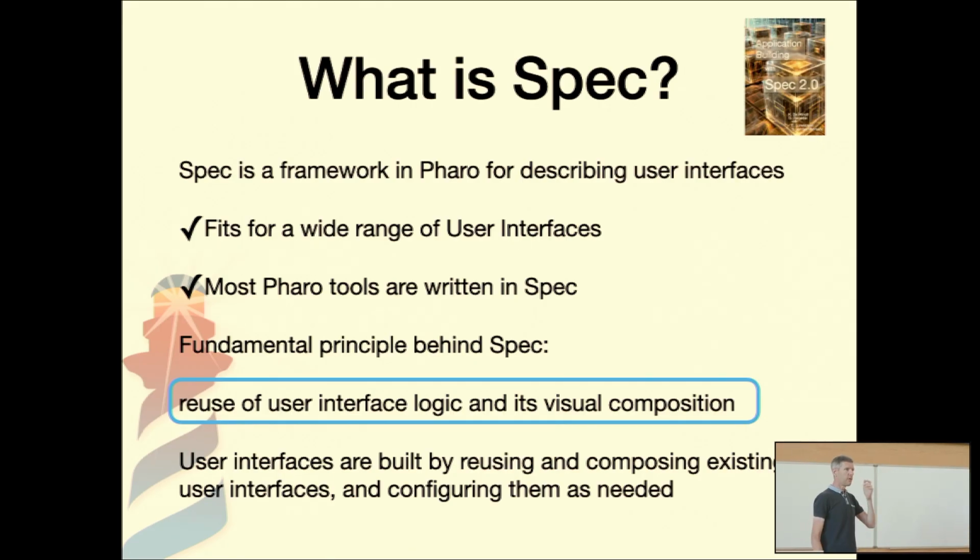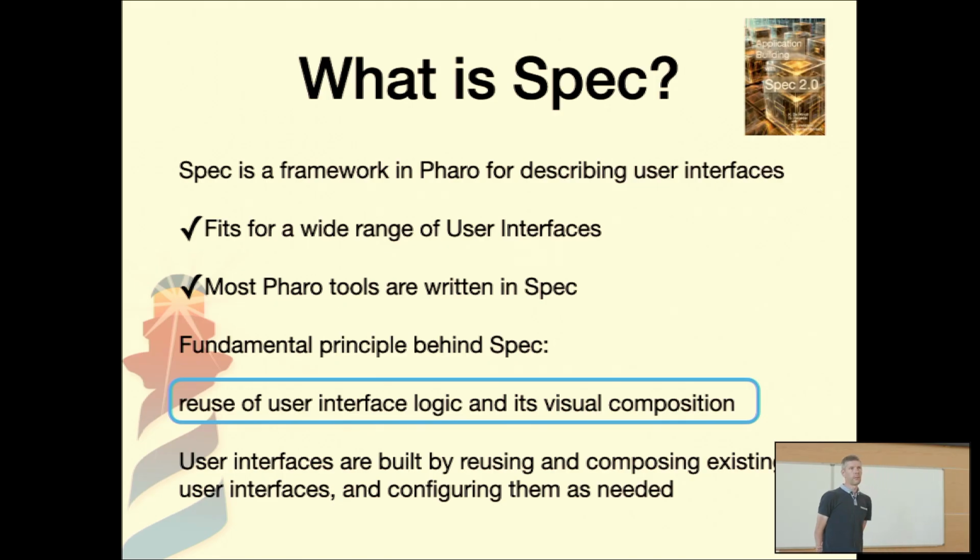Just a reminder of what is Spec. Spec is just a framework for describing user interfaces in Pharo. It fits a wide range of user interfaces. Most Pharo tools are now written in Spec. I should say all Pharo tools, but there is still one that annoys us a bit, but it will come.